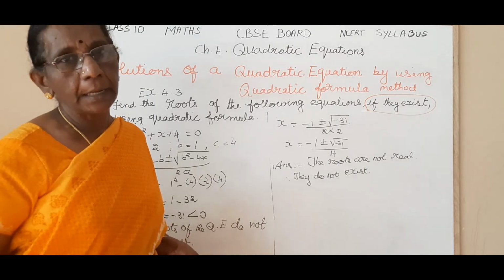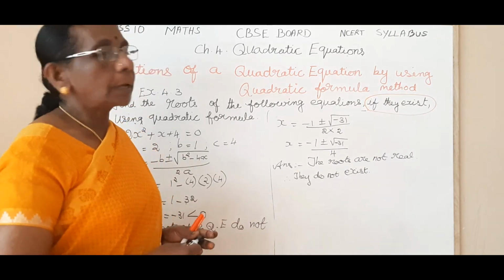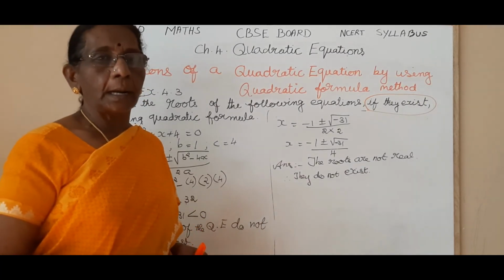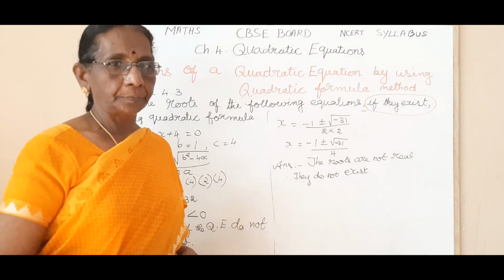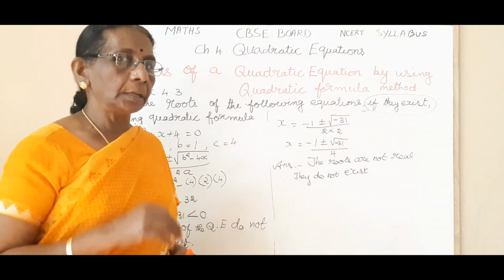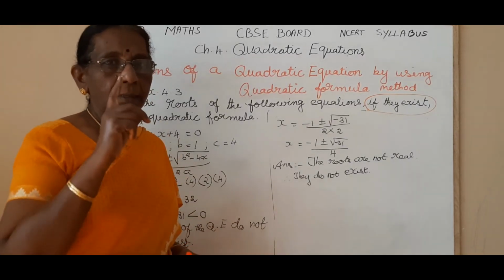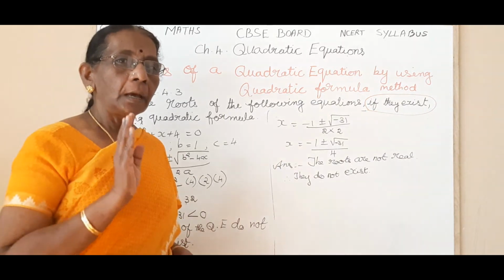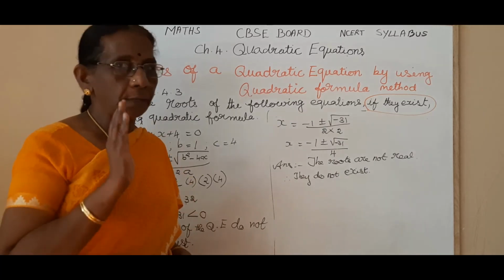Is it clear, children? So, I think you might have understood how to calculate the roots or solutions of a quadratic equation by using the quadratic formula method. And the three conditions you keep in mind. If b squared minus 4ac is greater than 0, that is positive, the roots will be real and the roots exist.